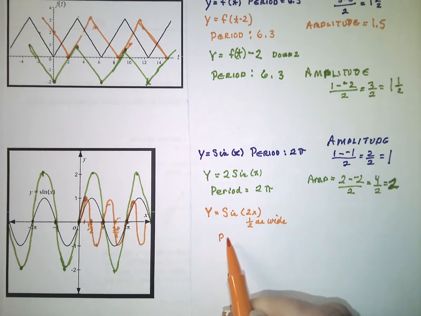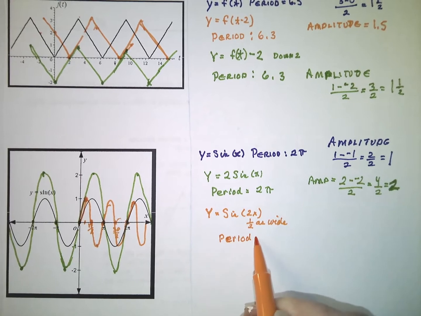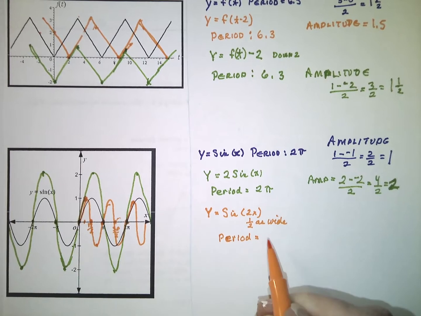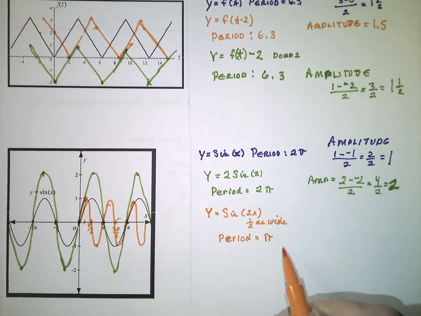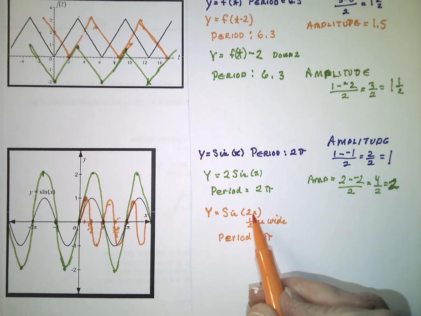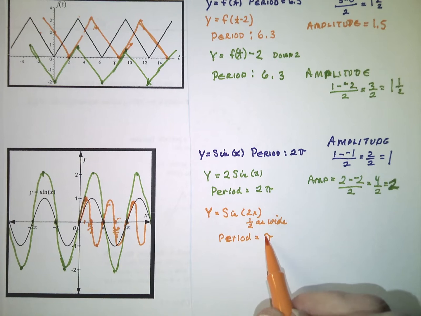So for this function, the period is no longer 2 pi. We got one complete cycle in by the time we hit just 1 pi. So putting in this factor of 2, because the x's do everything backwards, the new period is going to be only half as big.